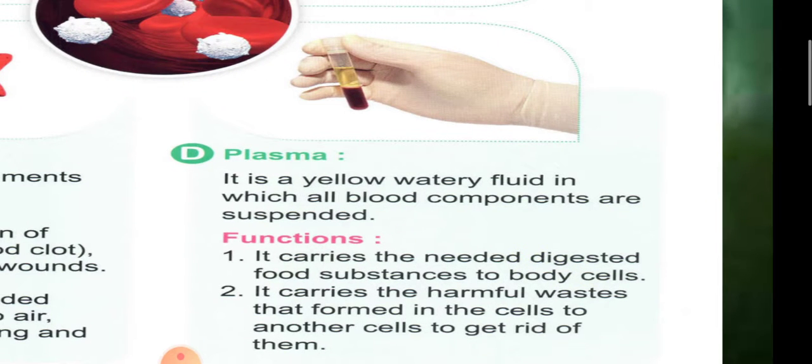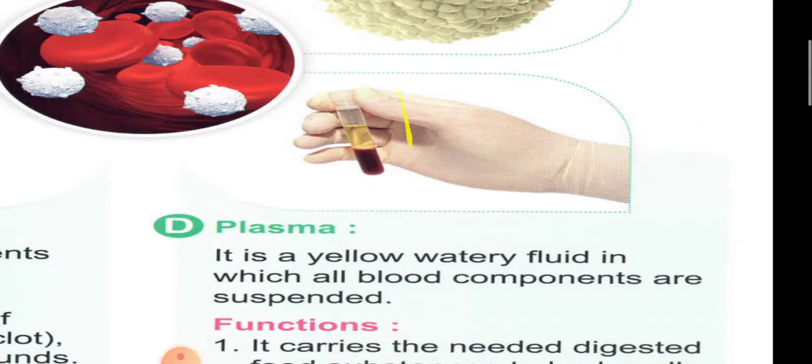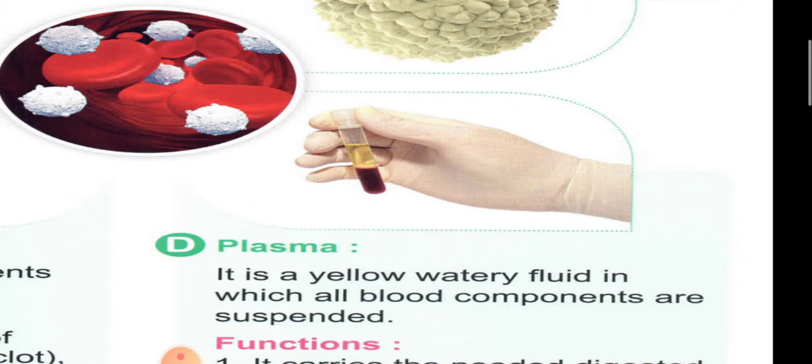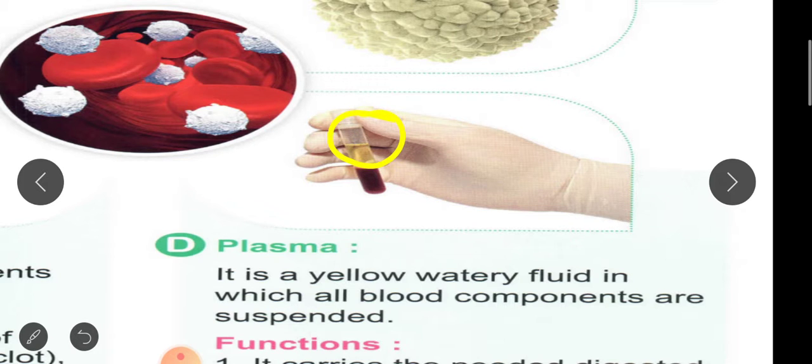The last one is the plasma. The plasma, as you can see here in this picture, is this yellow liquid part. The plasma is a yellow watery fluid in which all the blood components are suspended.